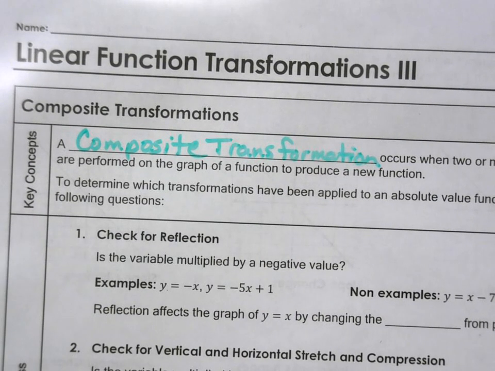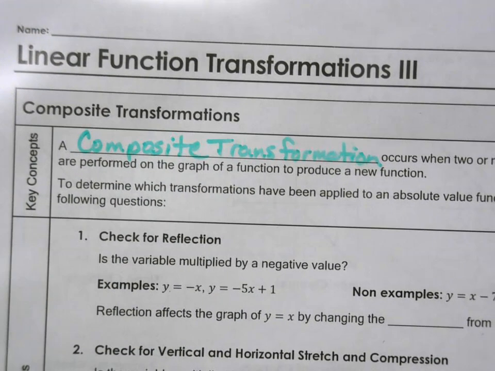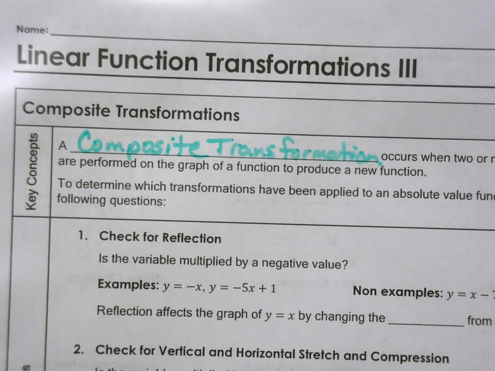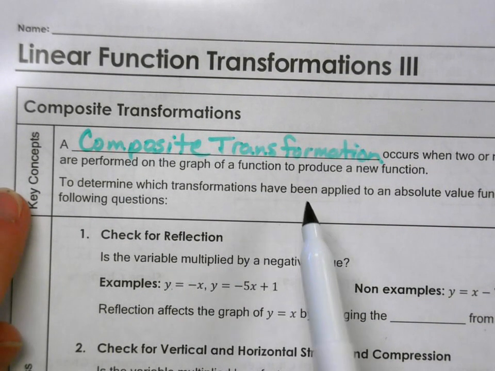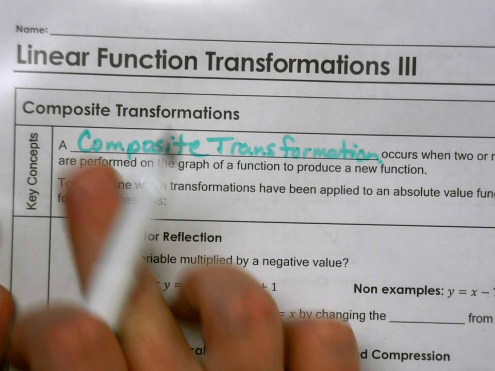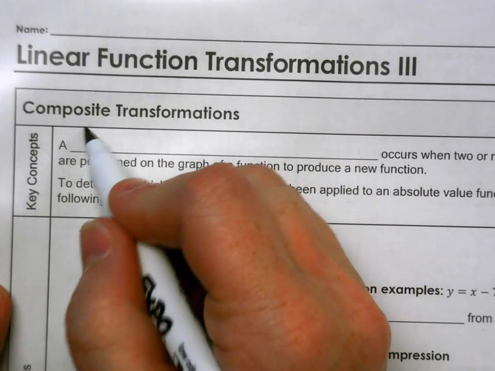Okay, a composite transformation, sorry about the glare, occurs when two or more transformations are performed on the graph of a function to produce a new function. I'm going to rewrite that in a different color.